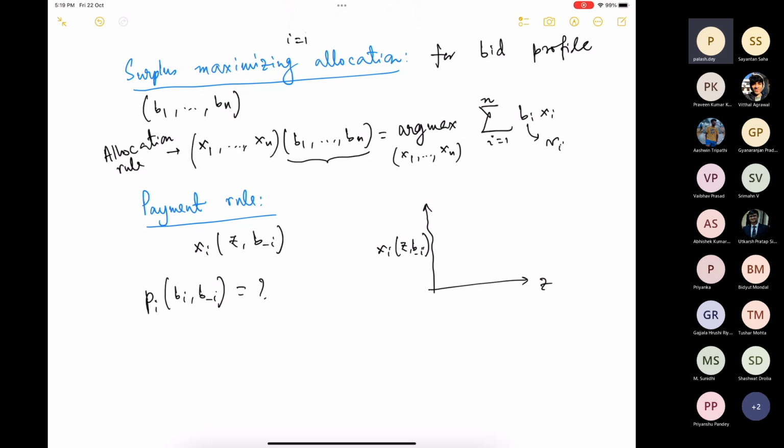So to define this, I need to look at the allocation rule xi. I am invoking Myerson's lemma because it is a single parameter environment, and the allocation rule is surplus maximizing. Check that the above allocation rule is monotone.